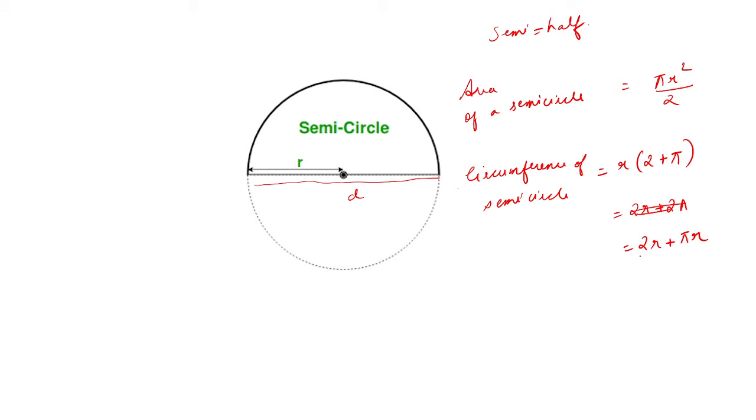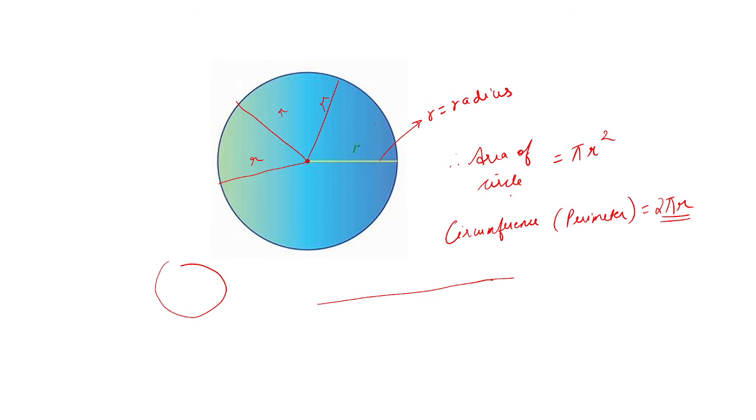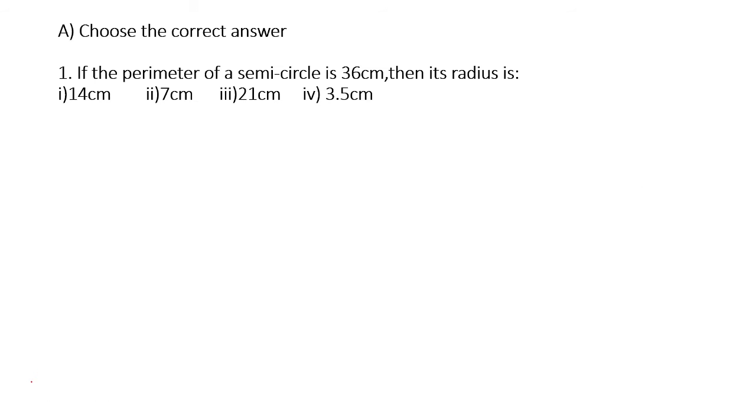This is the circumference of a semicircle. So remember all these formulas, okay? The area of a semicircle, circumference of semicircle, the diameter of a circle, and then the area of a circle and the circumference of a circle, clear? These 5 formulas. All right, so quickly we shall move on to the first MCQ question.